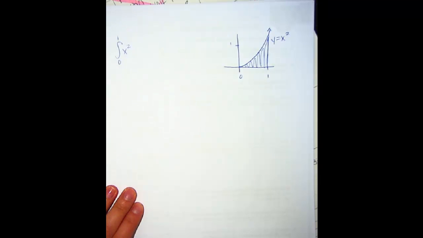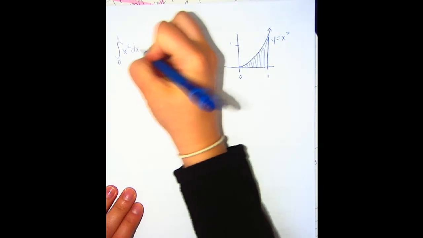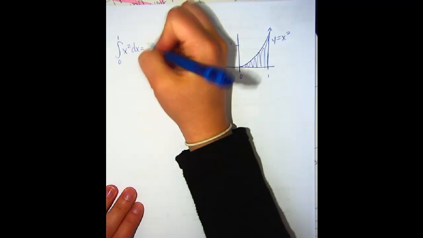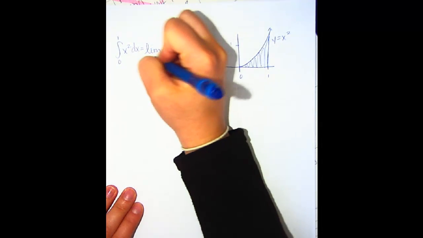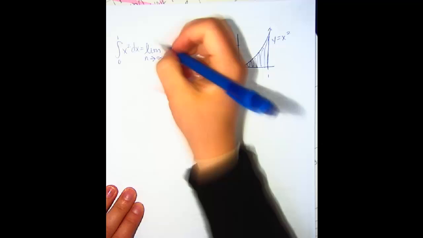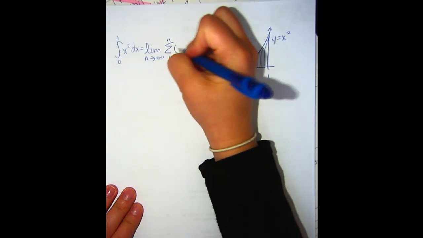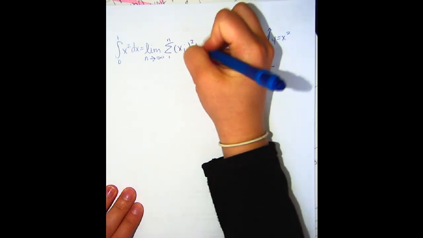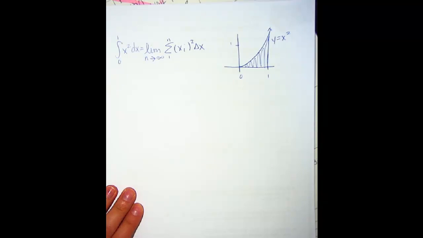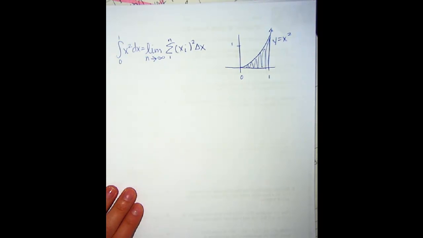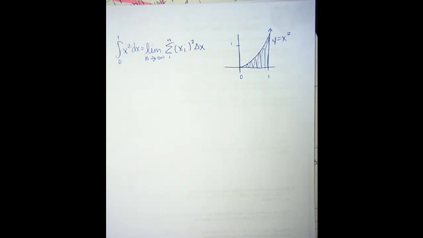So that's our function, dx. Now this is just notation, so we're going to say the limit as n goes to infinity of the sum from 1 to n of xi squared, because it's x squared, delta x. Okay, and that's your starting point. Now what you're going to do is actually find delta x, and you're going to find xi.